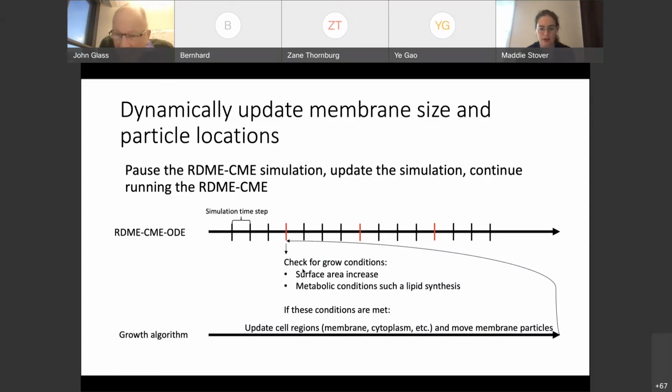If these conditions are met, we will implement the growth algorithm, so update the cell regions and move membrane particles. Then this information gets fed back into the RDME CME, updates it, and we continue to run the RDME CME.